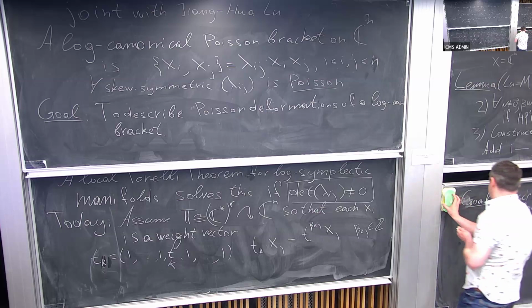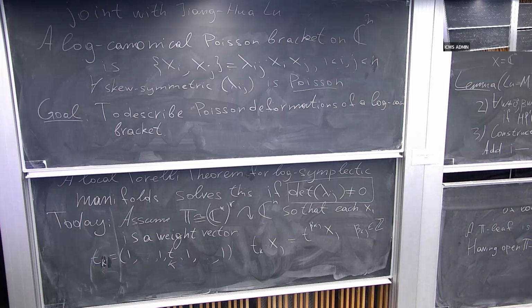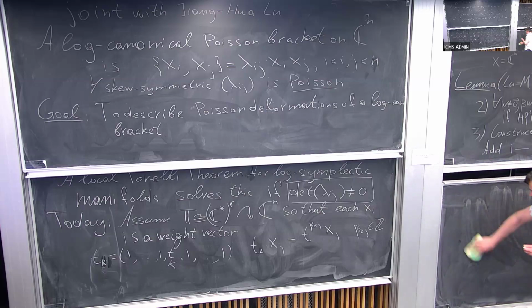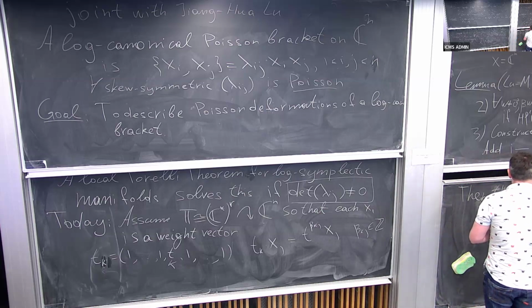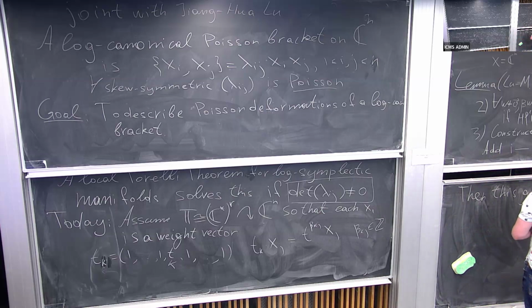And then there is the statement about this graph. First of all, it has no multiple edges, meaning for every pair IJ, there is at most one weight of this form that contributes to the Poisson cohomology.